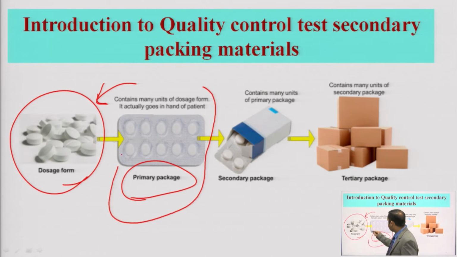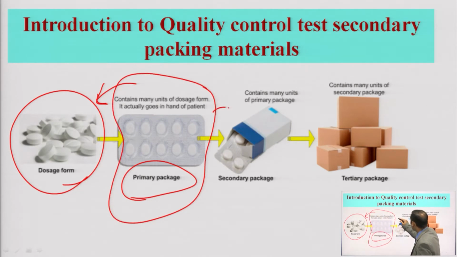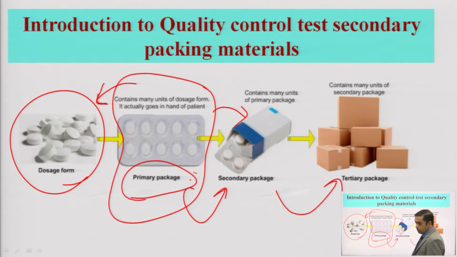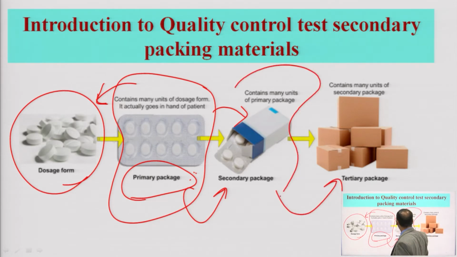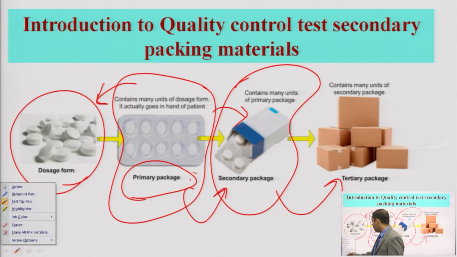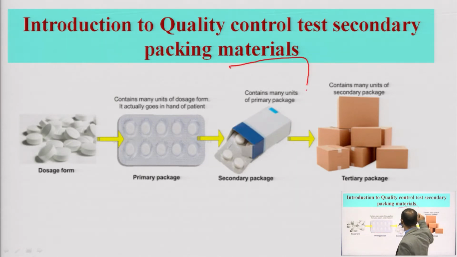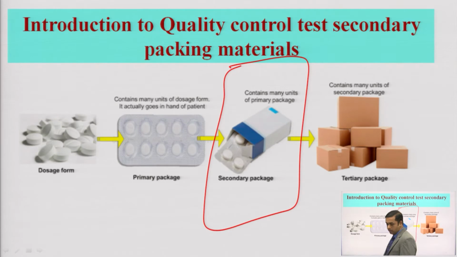The primary packaging is then covered by secondary packaging, and lots of units of primary packaging go into the secondary package, and then it goes into tertiary. Our agenda today focuses on secondary packing.